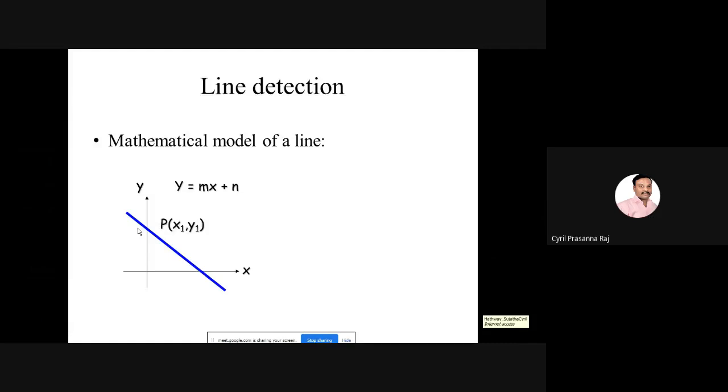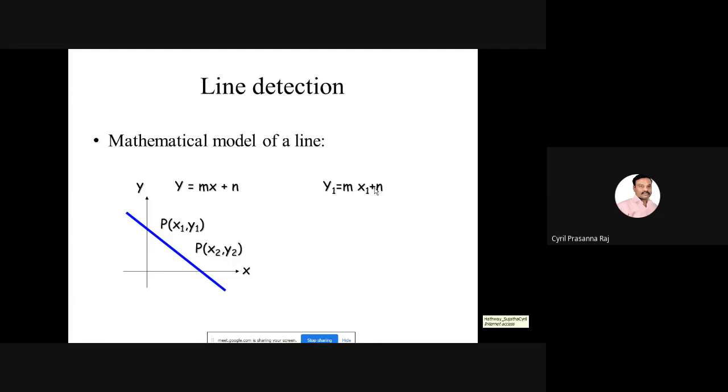If you have a point on this straight line, say at x1, y1, or you may also have points in multiple locations, these points can be denoted as y1 = m·x1 + n. Here x1 is the x coordinate, m is the slope, and n is the y-intercept.